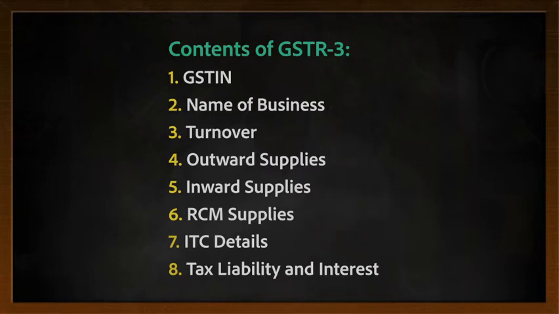Apart from these, you will also mention your input tax credit details, how much input tax credit you are eligible for. Even those details will be there in your GSTR3. And finally, there will be your tax liability along with interest and late fee details. So these put all together form part of your GSTR3.